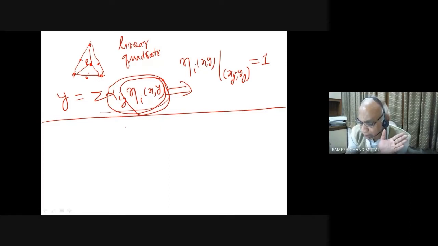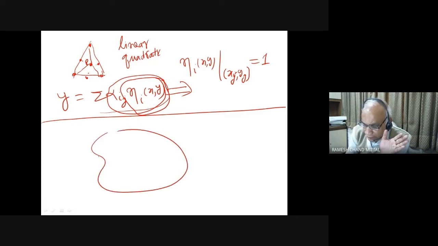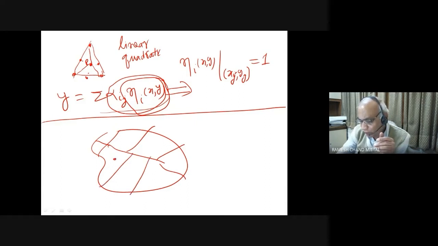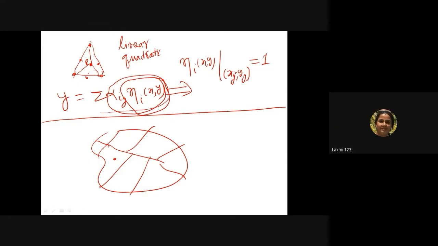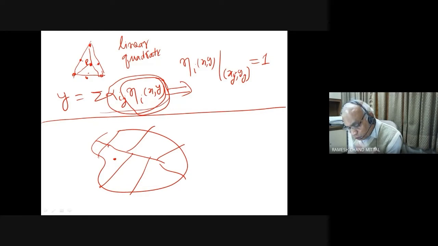My domain is divided into a number of triangles or rectangles. Suppose I want to find the solution at one point, then all other elements are not important. Only the element in which the point lies, its vertices, are important. The solution at those vertices you have, and you can get the solution very well.